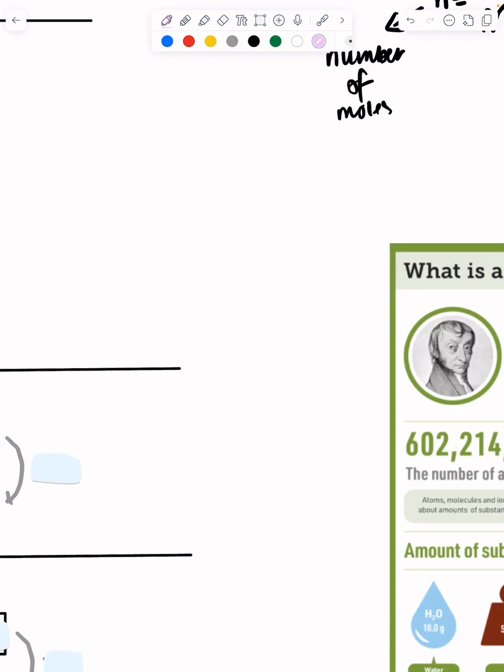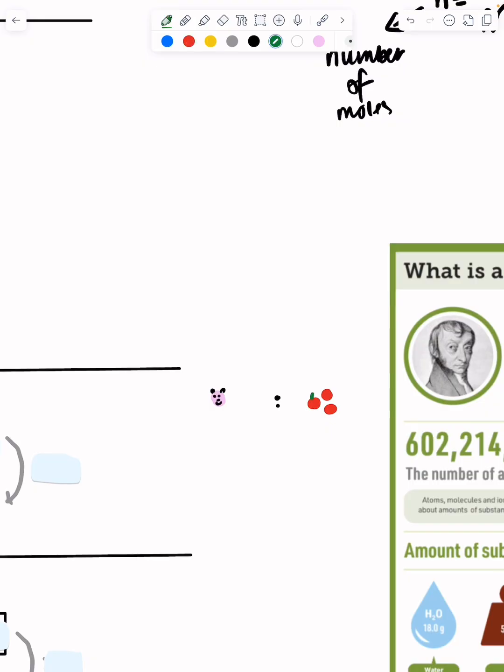Let's just say I've got 1 pig. You're a pig farmer, and for every 1 pig that you have, you notice that they eat 3 apples.